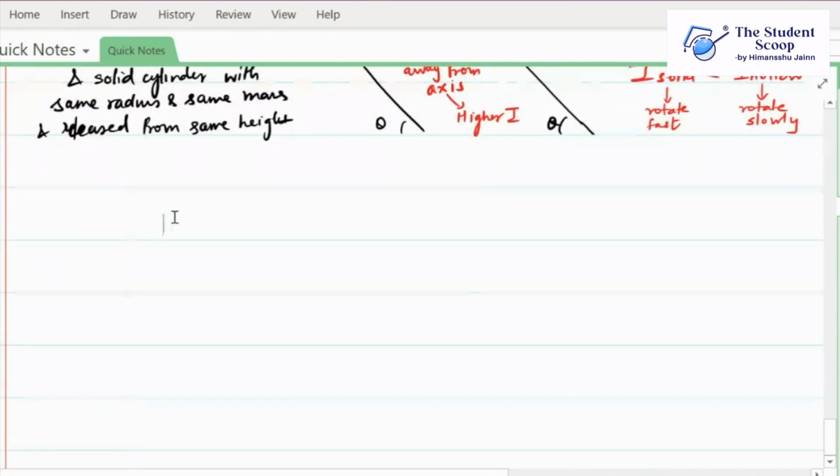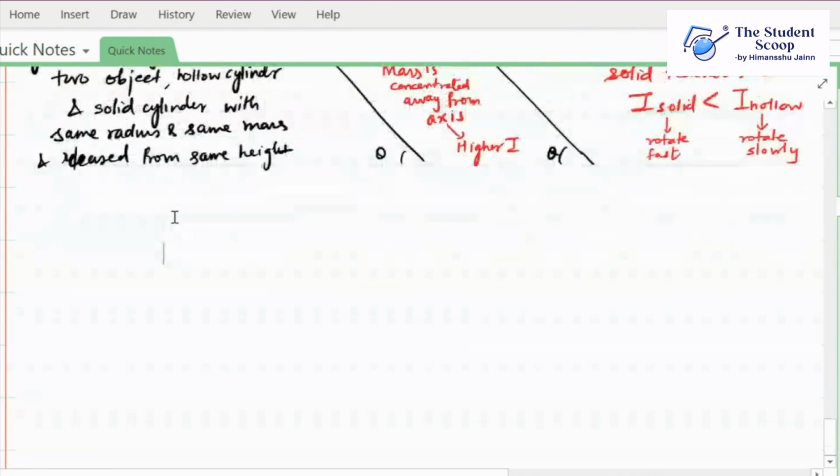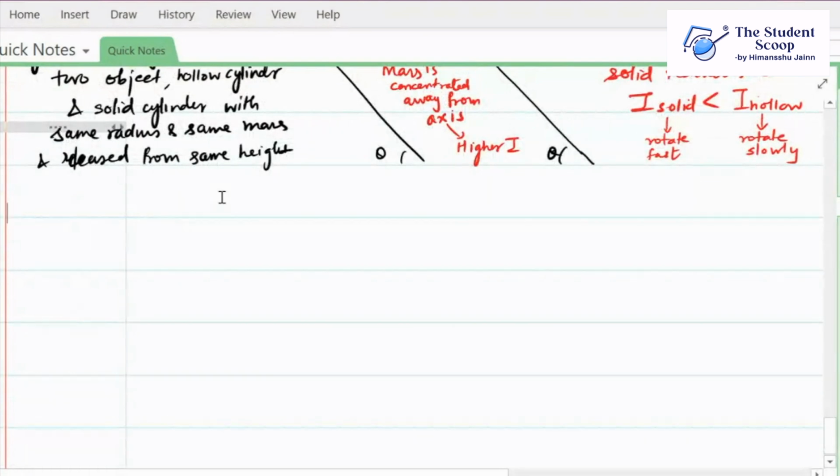Now, once we understand the concept of moment of inertia, let me give you what kind of question is asked related to rotational motion. So there is a question. Let's say there is a cylinder. This cylinder has moment of inertia 1 by 2 mr square.